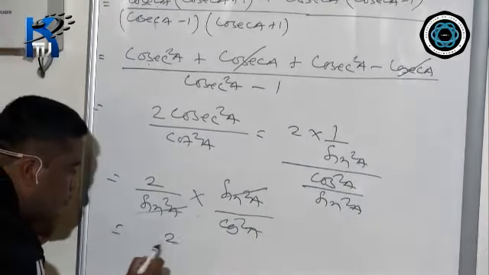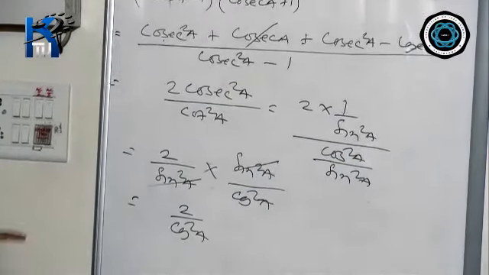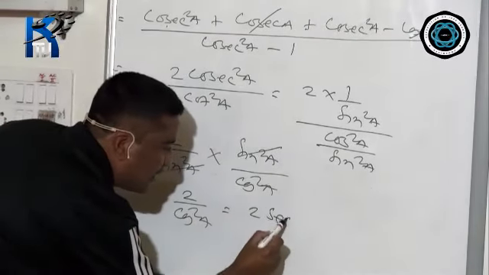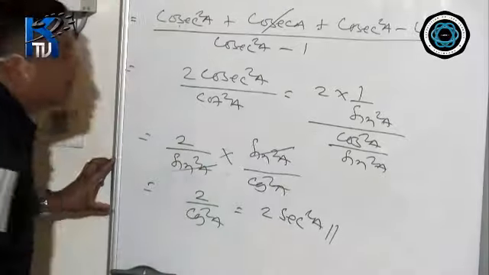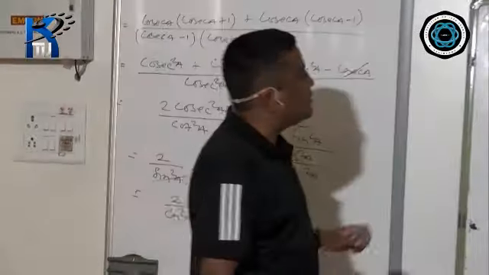Now 2 by cos square A. If 1 by cos square is sec square A, 2 by cos square is 2 sec square A, hence proved.